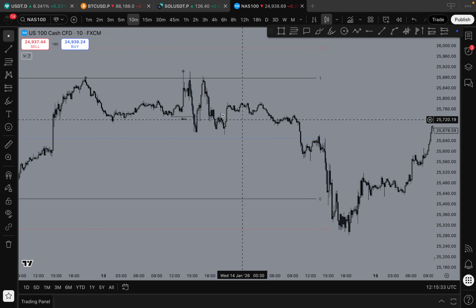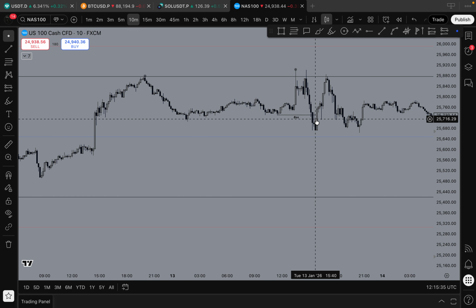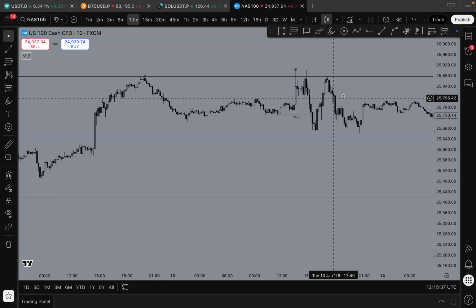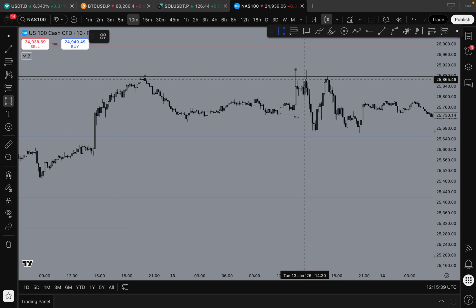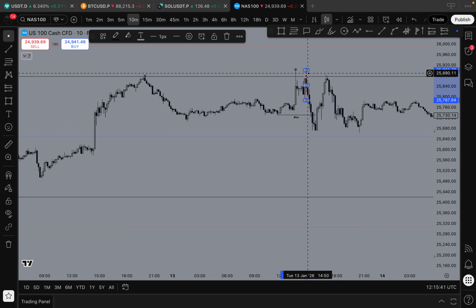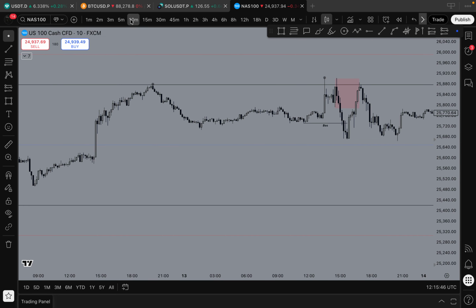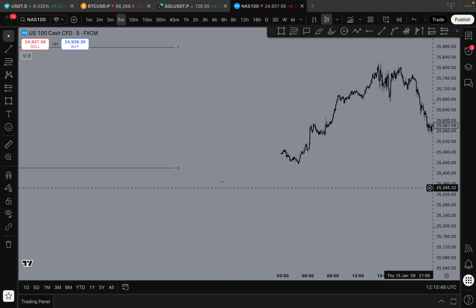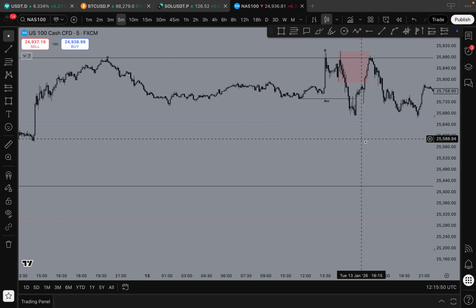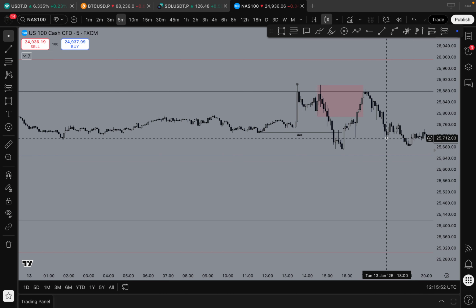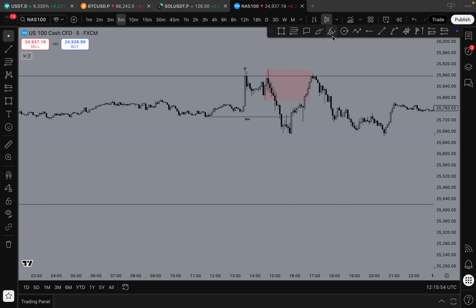You could have taken a short position after the break, but often it's better to wait for price to retest supply. As you can see, this supply block was left behind, and the Nasdaq trades really clean because it likes to fill those levels. So what you could have done is wait for the break, here at break of structure, then price came back into that supply.